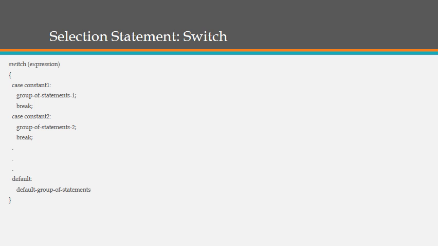Another type of statement is the switch statement. It's very interesting. It's similar to the if, then, else if conditions, and it uses labels here as well. The syntax for the switch statement is as shown here. Switch the expression, case constant, group of statements 1, break, and so on. What happens if the condition is met?